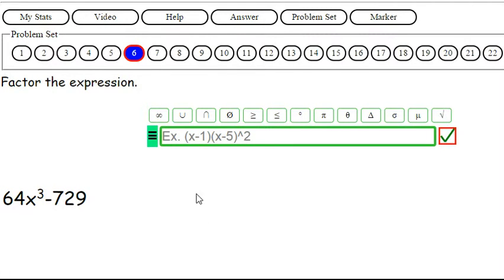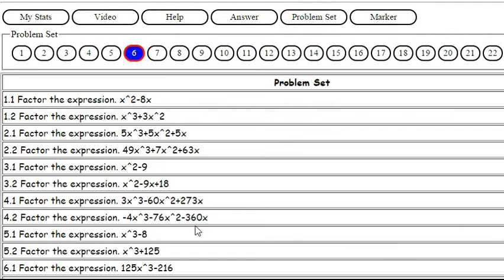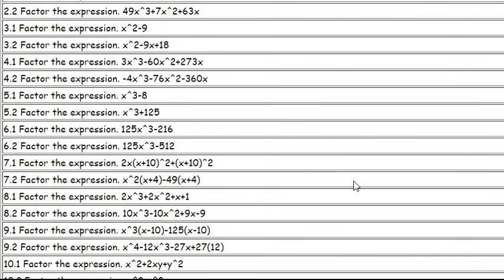Let's take a look at 6.2, which looks like 6.1. I wonder why I didn't do a plus.